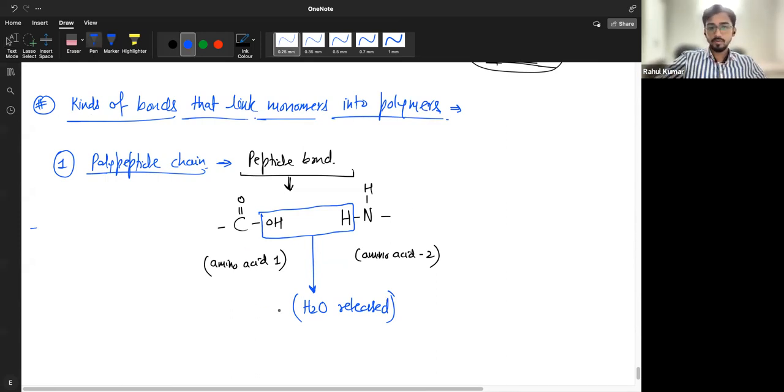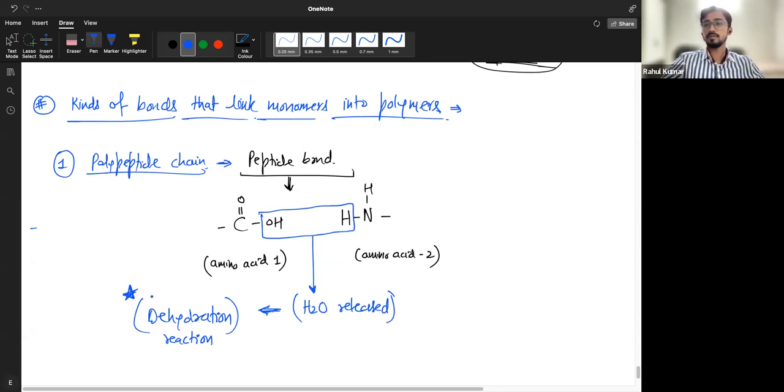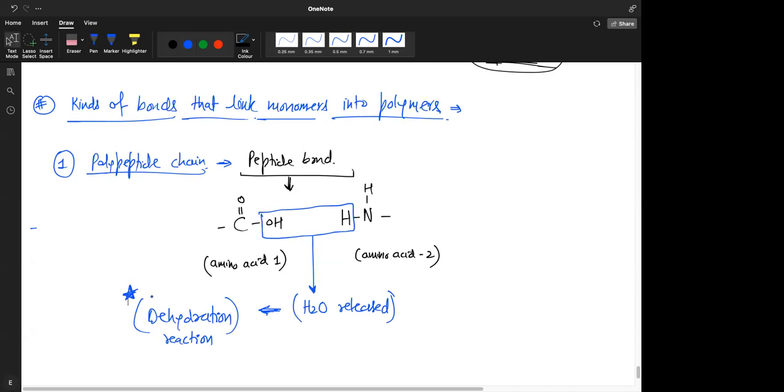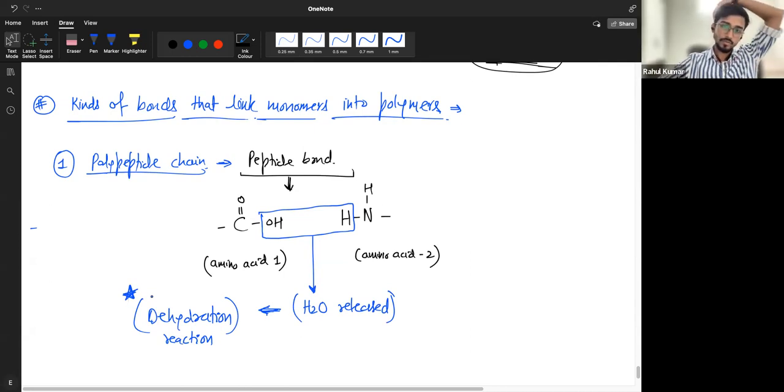Okay, so this process where you release the water molecule is known as dehydration, right? When our body undergoes dehydration, what do we lose? We lose water, right? We say this person got dehydrated. Similarly, when these two molecules together get dehydrated, they lose one water combined, H2O.